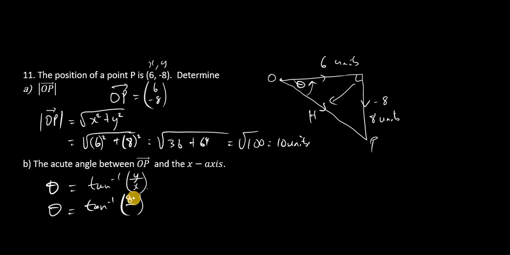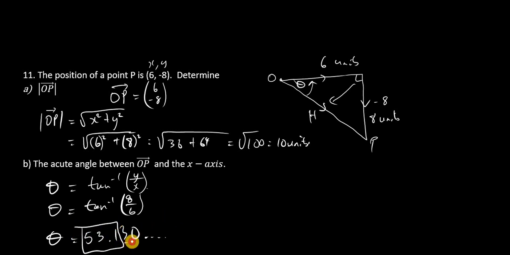So it will be positive 8 divided by the x component, which is 6. Let's put that in our calculator: tan inverse of 8 divided by 6. That will give us 53.130, etc. We need 3 significant figures.